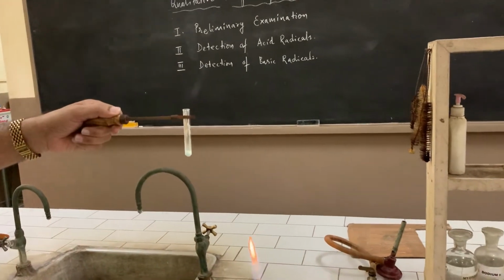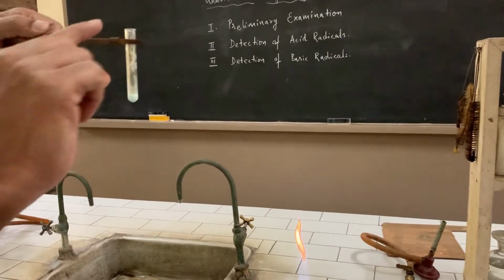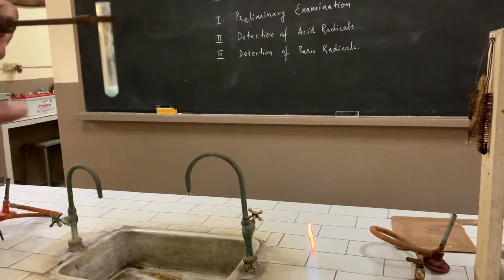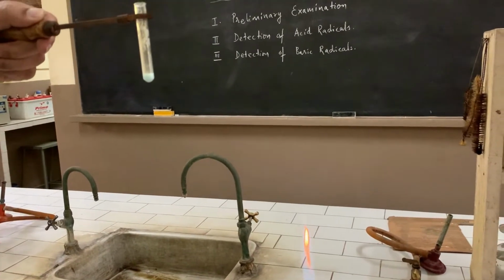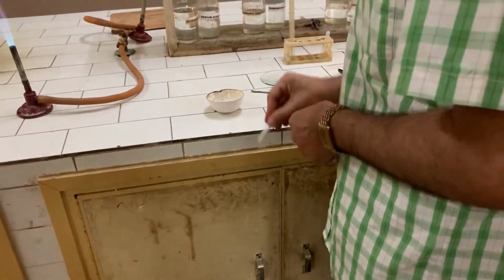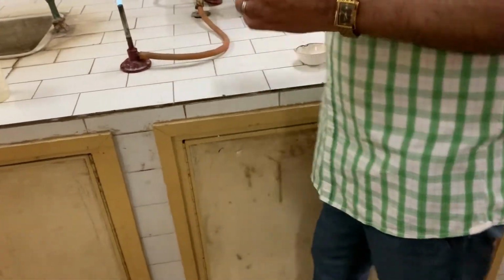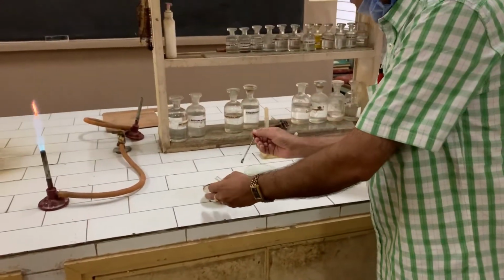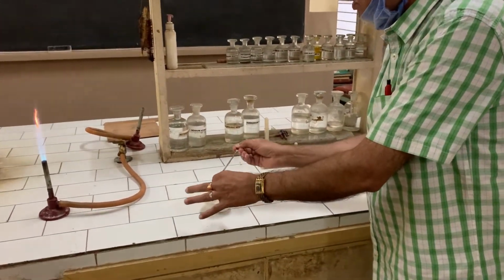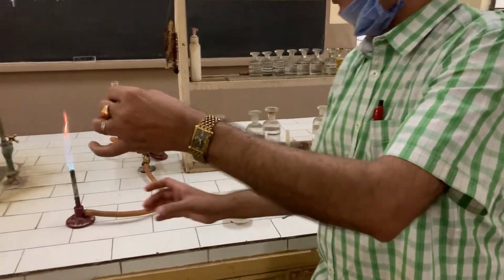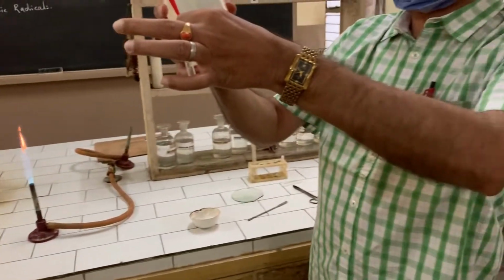That is the indication of nitrate. The confirmatory test for nitrate is called the brown ring test. To do this, I take a small quantity of salt and add a little water so that it forms a solution.